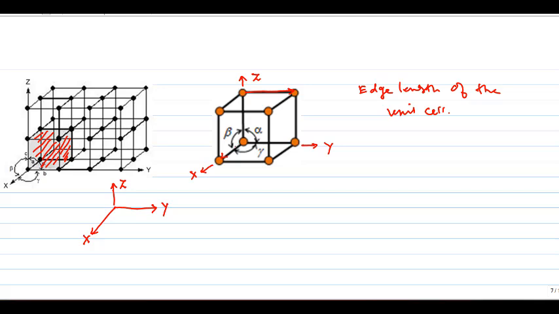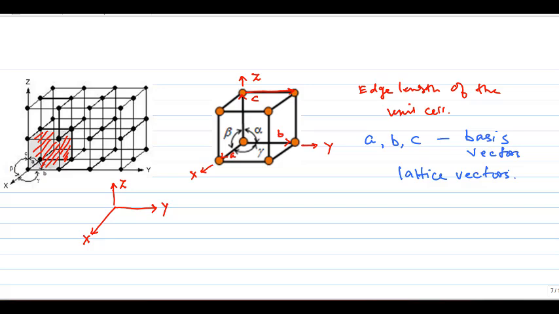Along x direction it is A, along y it is B, and along z it is C. Okay. These are also known as lattice vectors. And you also need to specify the interaxial angles alpha, beta, and gamma.